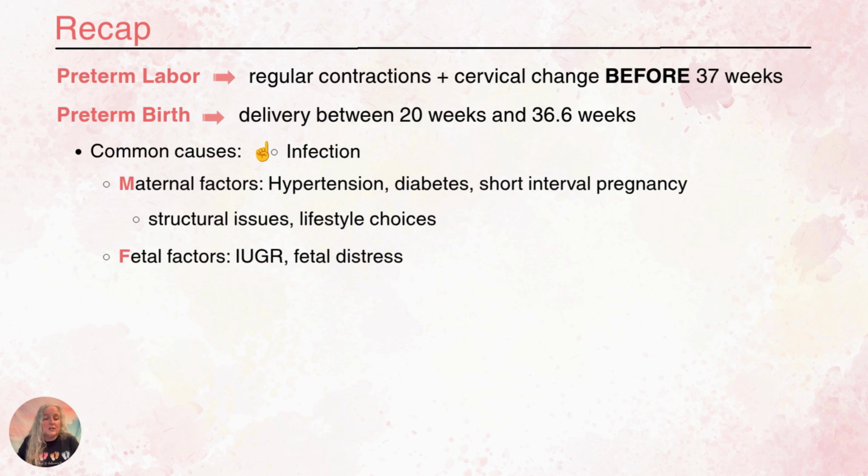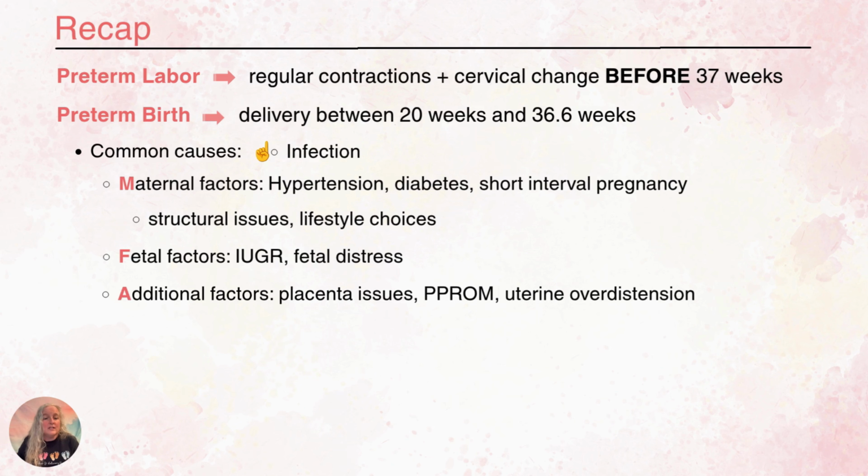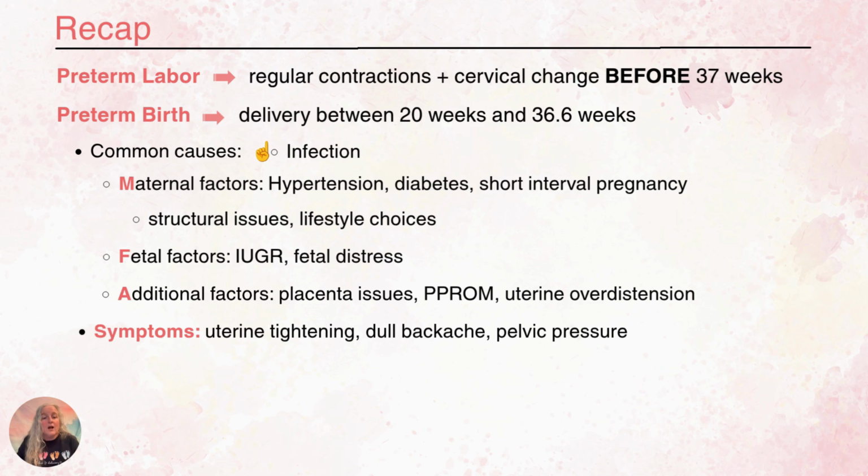Fetal factors include intrauterine growth restriction and fetal distress. Additional factors include preterm premature rupture of membranes, uterine overdistension, and placental issues. Our symptoms include uterine tightening, dull backache, and pelvic pressure.